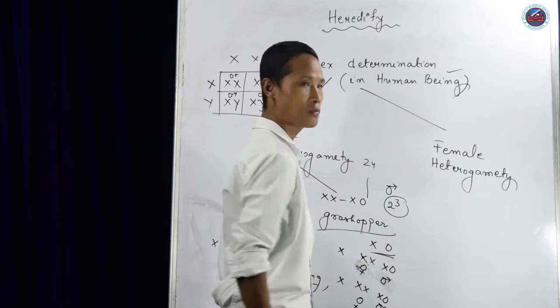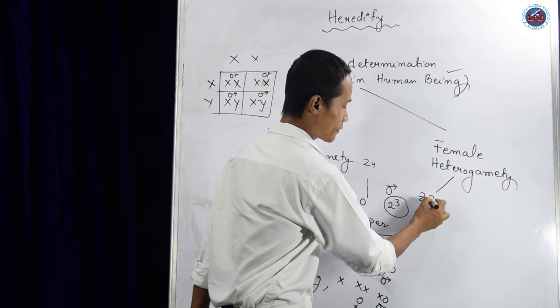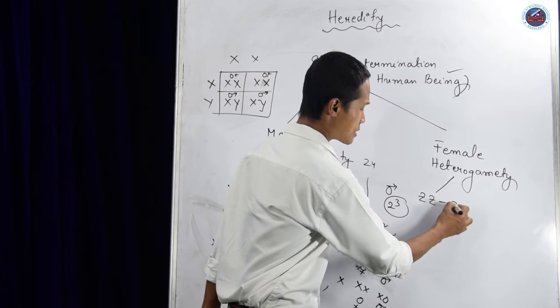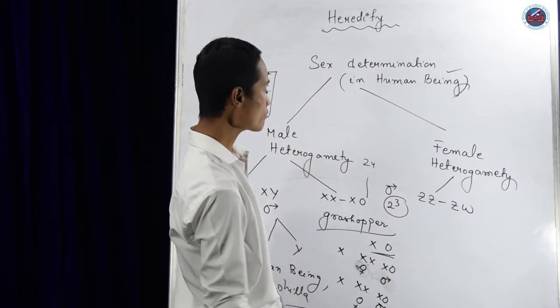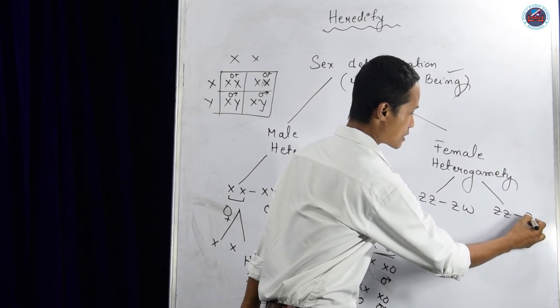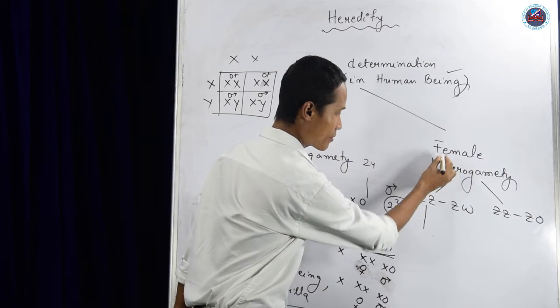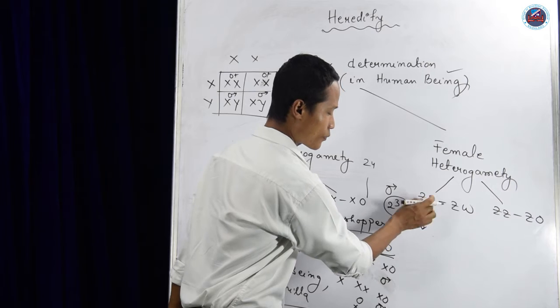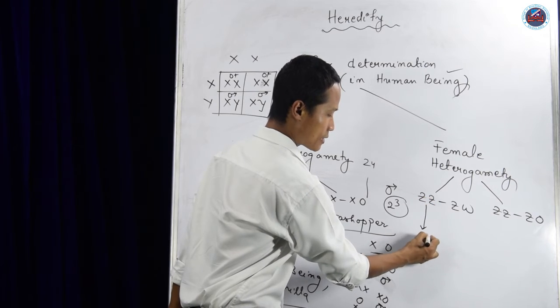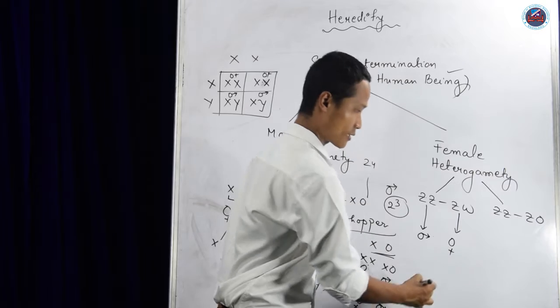In the same way we have female heterogamety, represented by capital ZZ dash ZW, and capital ZZ dash Z0. When I say ZZ, it represents the male gametes and ZW represents the female gametes.